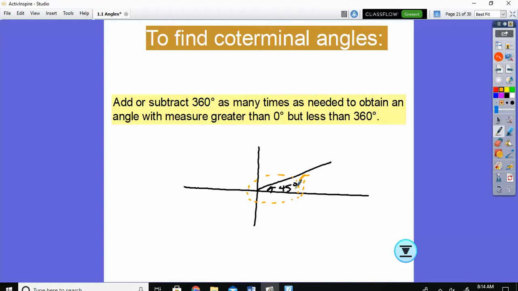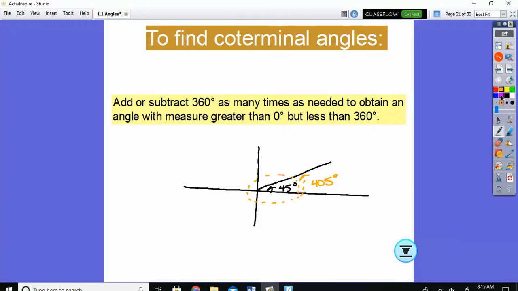Now this orange one that I drew, what would the measure of that be? You went all the way around, 360, and then an additional 45, so 360 plus 45 is 405 degrees. So 45 degrees and 405 degrees are really the same thing. If you draw them, they end at the same spot.